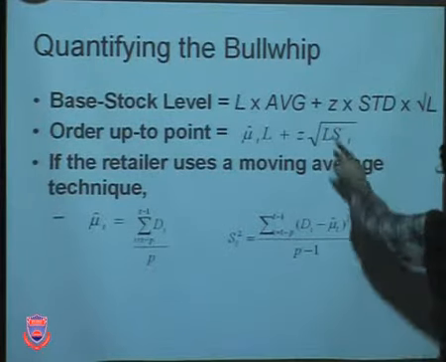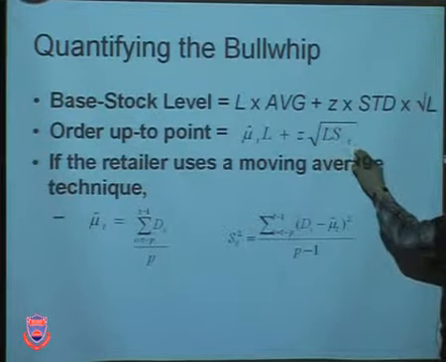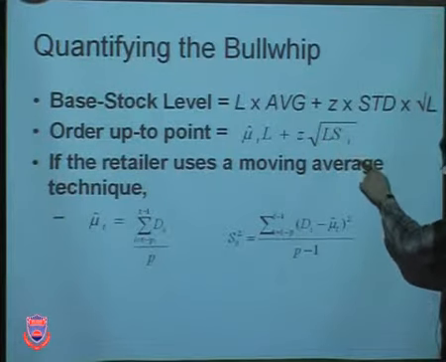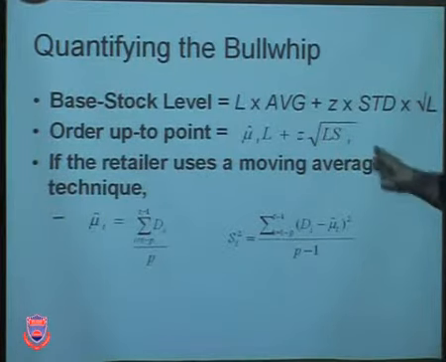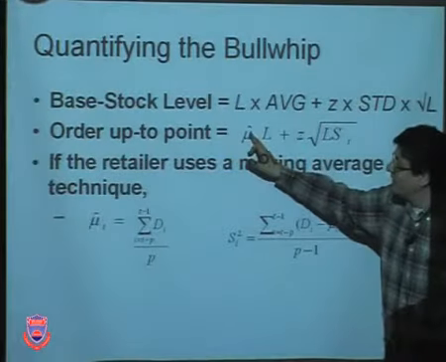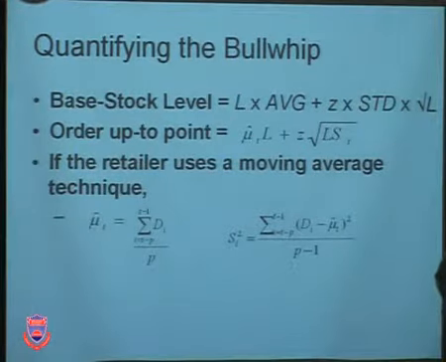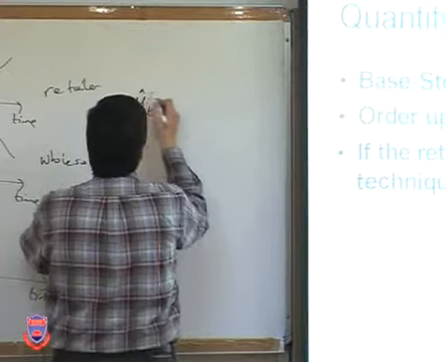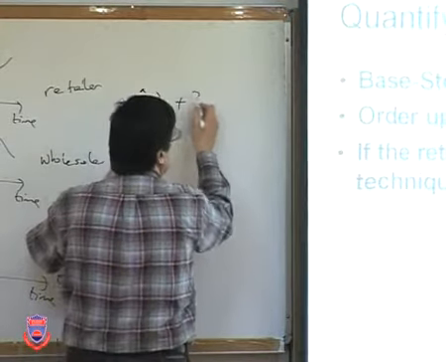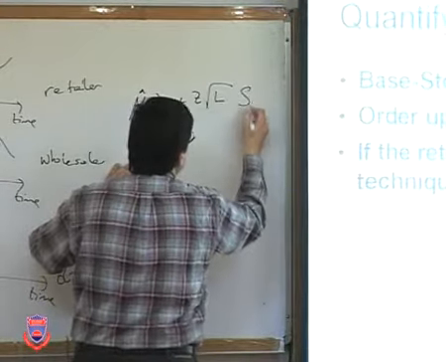So this should be square root of L times ST, standard deviation of demand, where ST and mu cap are estimates. Okay, so let me correct that. So this should be mu T cap times L plus Z times square root of L times ST.